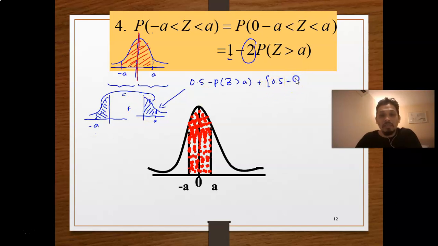So I come up with another probability of Z greater than A. 0.5 plus 0.5 equals 1, and then negative the probability of Z greater than A plus another of this is minus 2 times the probability of Z greater than A. There you go. Then you get this one here.